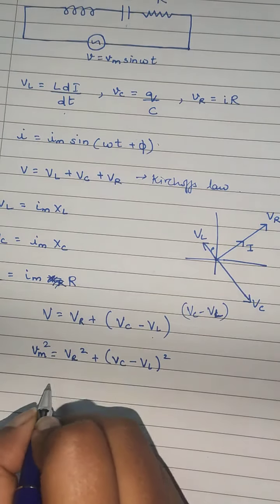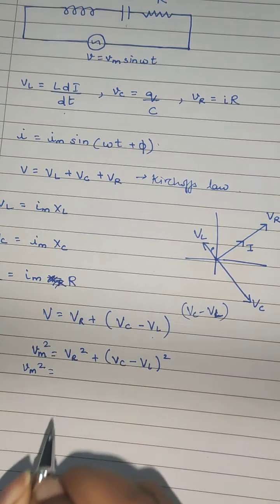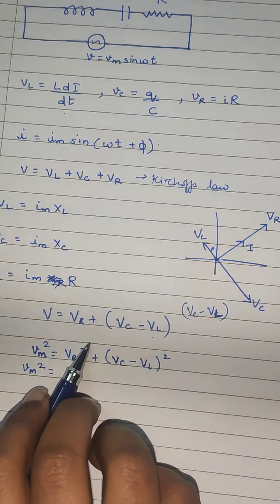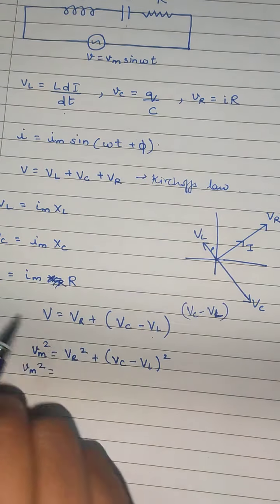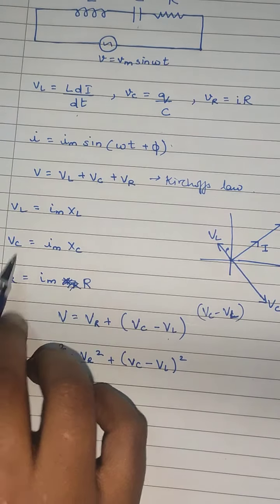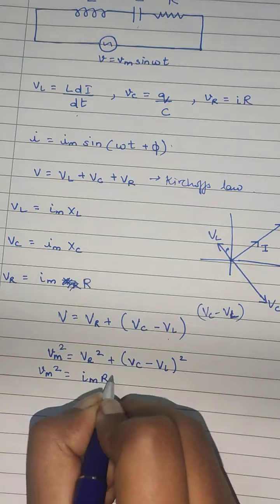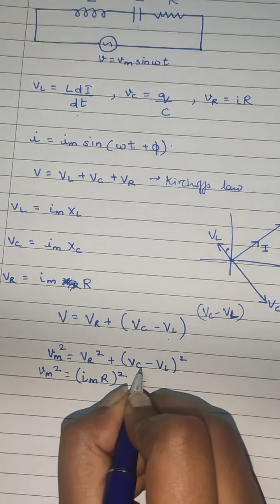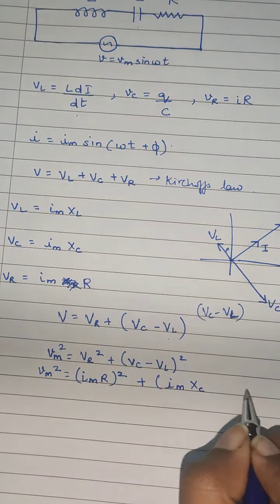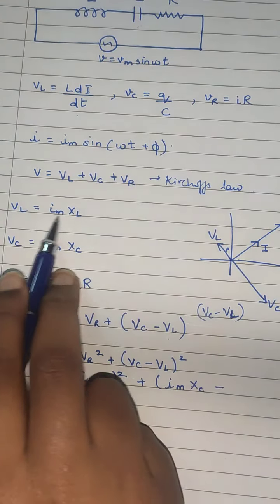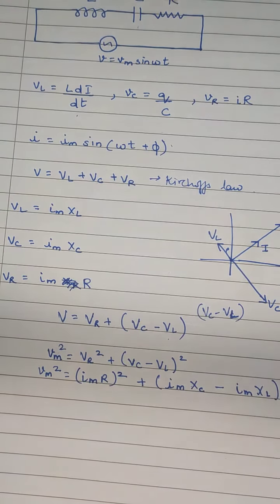Okay, so now we will open the bracket. Vm square will be equal to VR square, and what is VR? VR is ImR. So we will substitute these things over here. VR square is ImR the whole square plus VC, which is ImXC, minus VL, that is ImXL, the whole square.